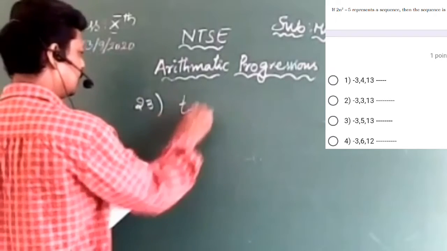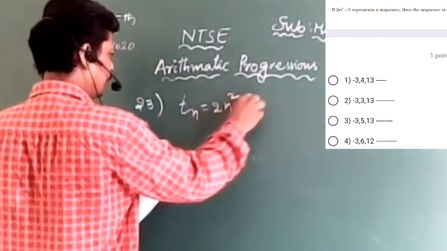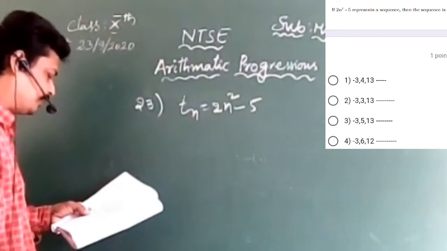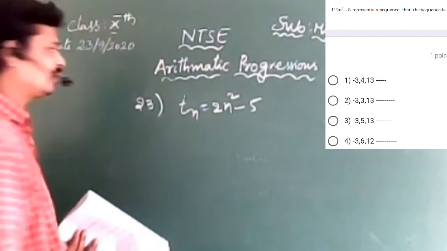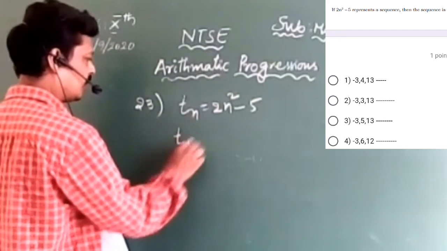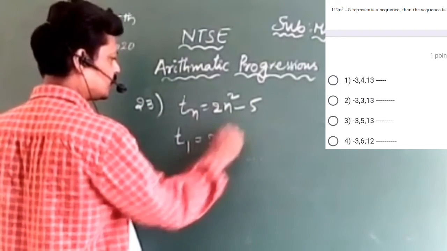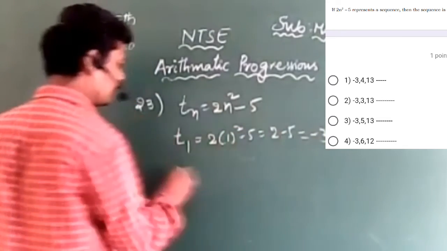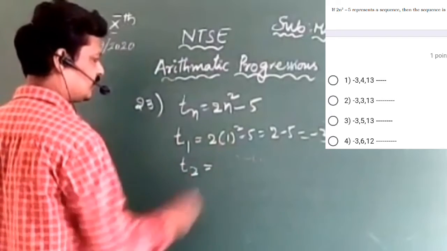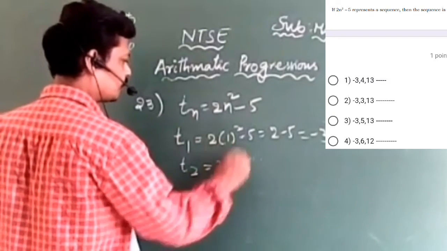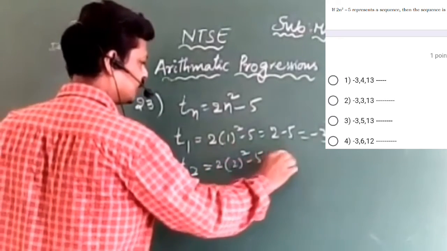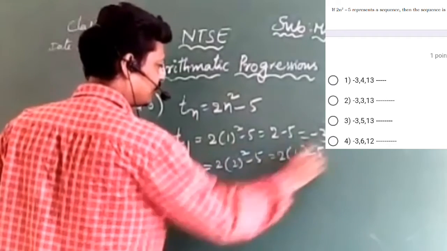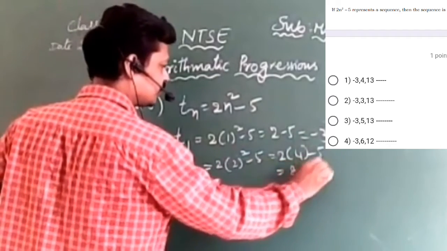Tn is 2n square minus 5, which is in AP. Then find the sequence: substitute n value 1. So 2 into 1 square minus 5, which is 2 minus 5, minus 3. Next, substitute 2 instead of n. So 2 into 2 square minus 5, which is 2 into 4 minus 5, 8 minus 5, which is 3.